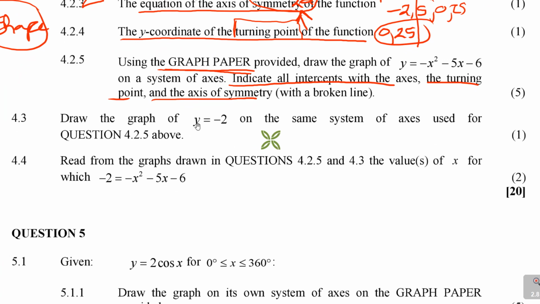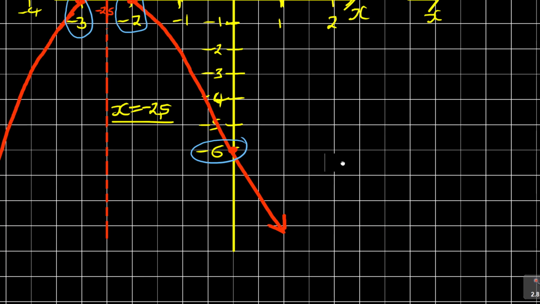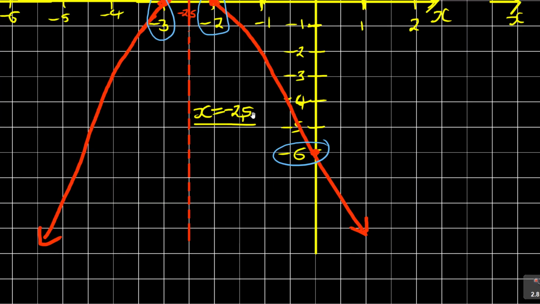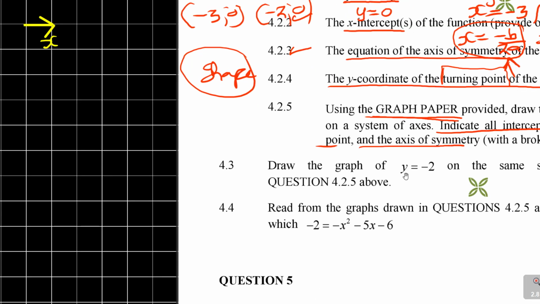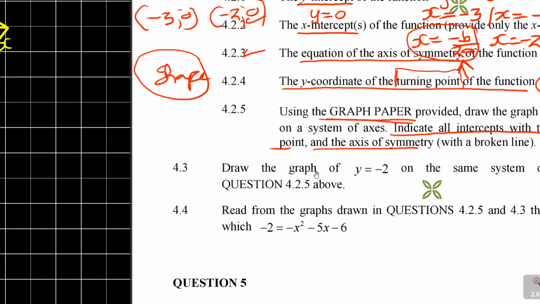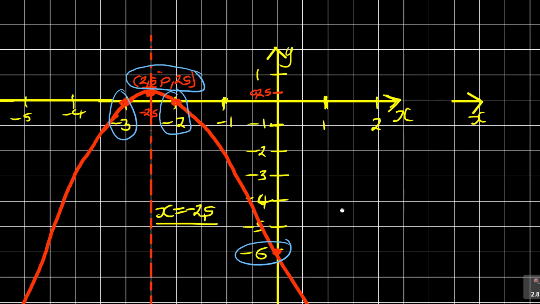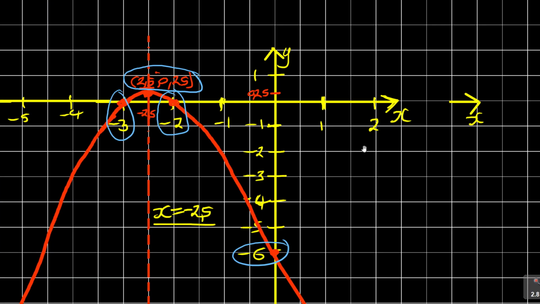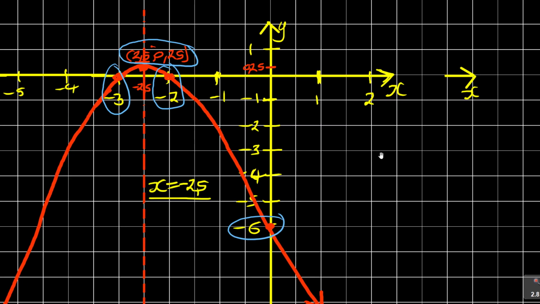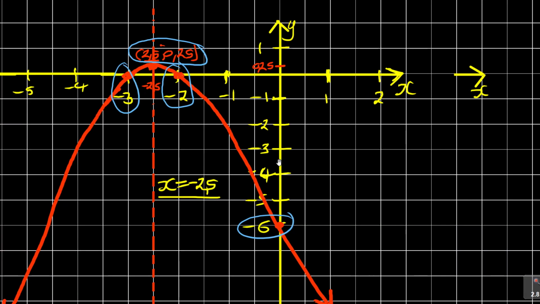Draw the graph of y is equal to -2. I told you that this line is called x is equal to -2.5. Now if they say draw on the same graph a line of y is equal to -2, you come here, but now not on the x-axis but on the y-axis. Don't forget the y-axis is vertical. So if you draw -2, it will be a line like this.